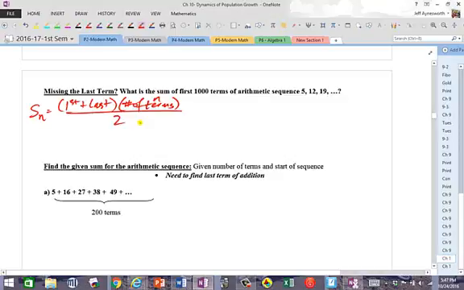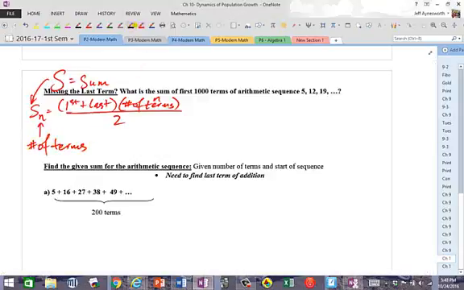So there's your summation formula. Remember, capital S stands for sum or summation, the sum of the first n terms, where n stands for the number of terms. So there's the formula that I spoke of in the first part of the video. Let's take a look at what we have.